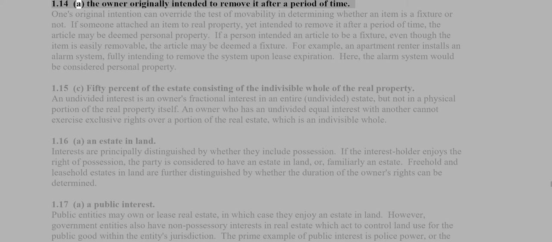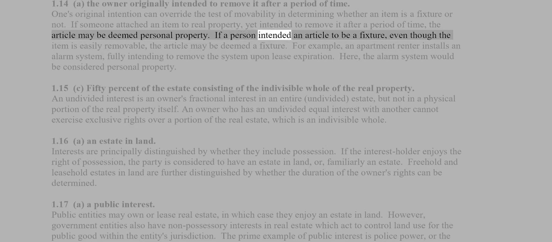1.14 A. The owner originally intended to remove it after a period of time. One's original intention can override the test of movability in determining whether an item is a fixture or not. If someone attached an item to real property, yet intended to remove it after a period of time, the article may be deemed personal property.